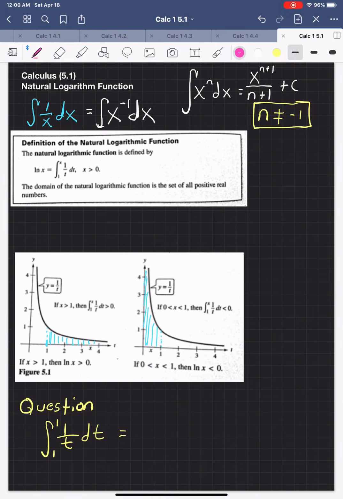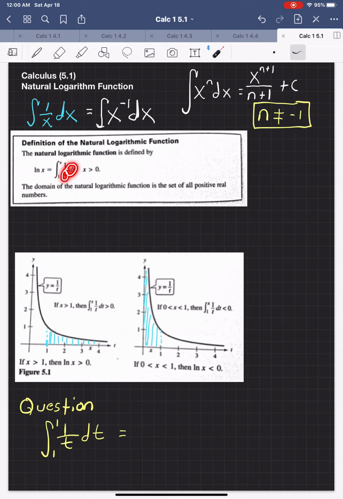Let's actually get into the crux of this presentation here. Now, the definition of a natural logarithm. What is an ln of x? We can go back to the notation we were using in the previous chapter, where we have the integral from 1 to x, and then there's this t inside.